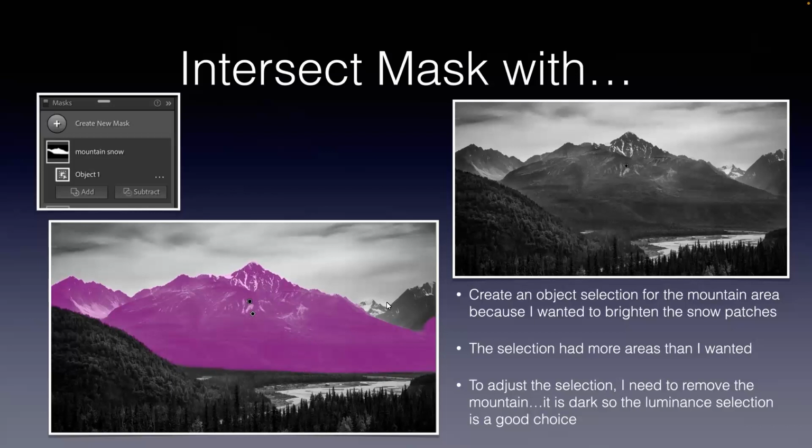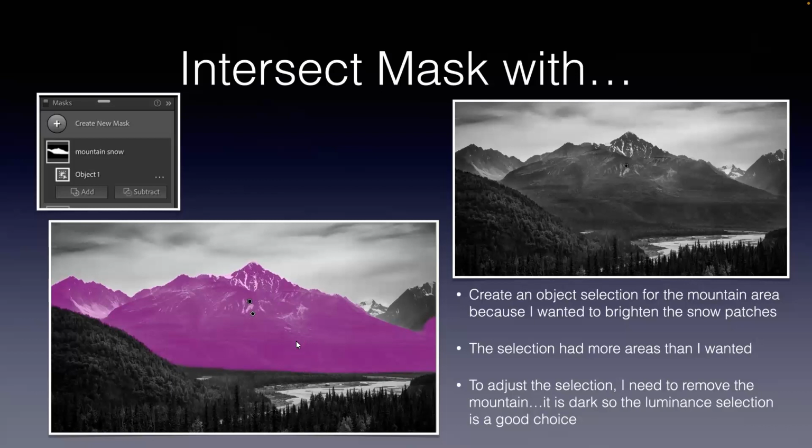I didn't really want to adjust those back mountains anyway. Had I wanted to adjust them in addition to this, I would have then made another object selection and selected just those mountain areas and see if I could have gotten those in the same area. But this will work just fine for me.